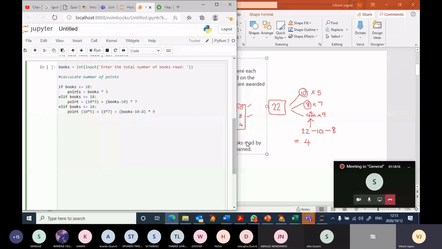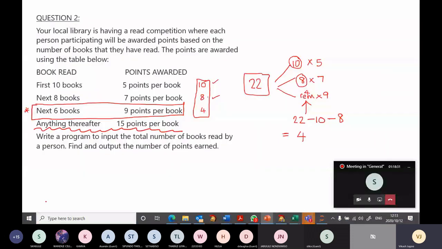Final case. Else is the case that says anything thereafter. Anything thereafter is 15 points. So it's exactly the same way. Let's assume I've read 25 books. The first 10 at 5 points.